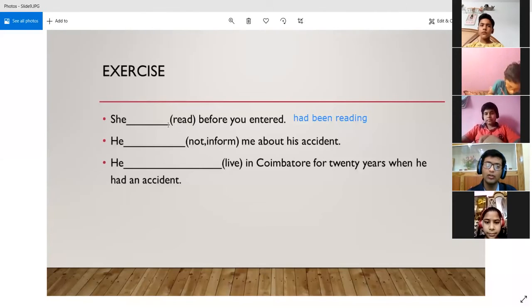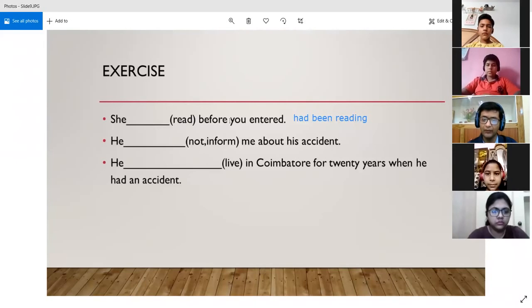Okay. And we can also use she had read, because here also two actions of the past are happening, and the first action was her reading and the second action was another person entering. So we could also have said that she had read before you entered, but that would mean that she had read and then some time would have passed and then this person would have entered.